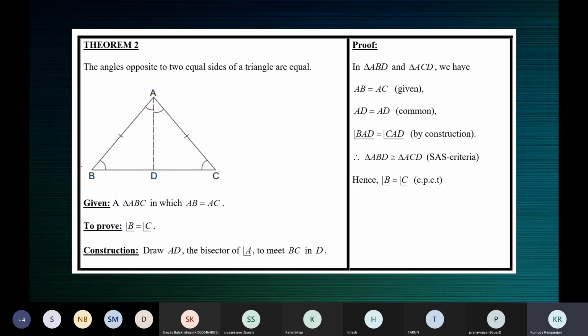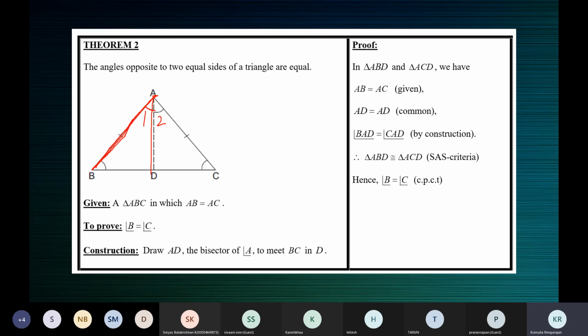So see, how did we go? We wrote about this side BA, then this angle 1, and then AD. Just follow the path. We mentioned the side BA, then angle 1, SA, correct?